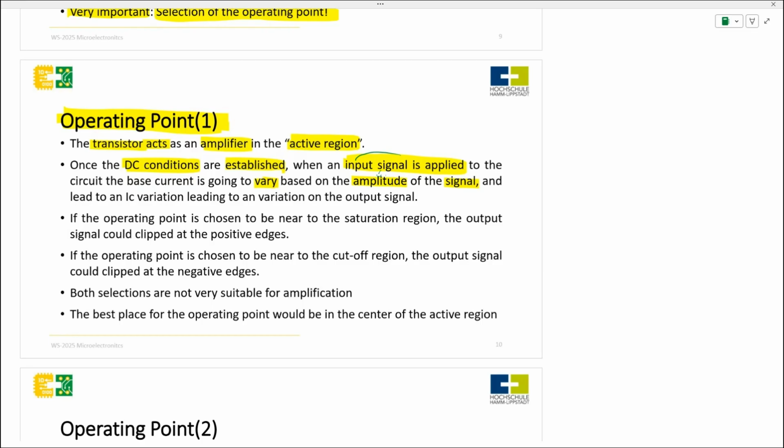The third point: if the operating point is chosen to be near the saturation region, the output signal could clip at the positive edge. So what do I mean by that?